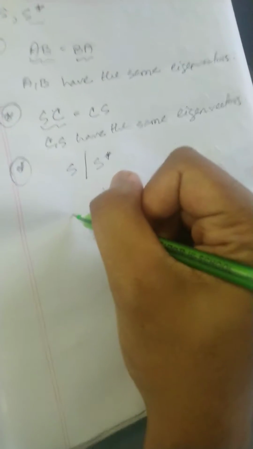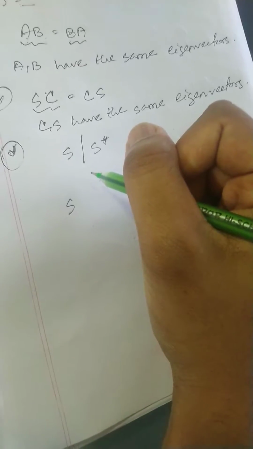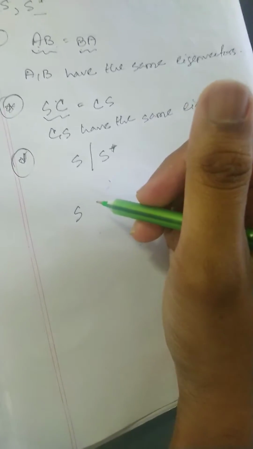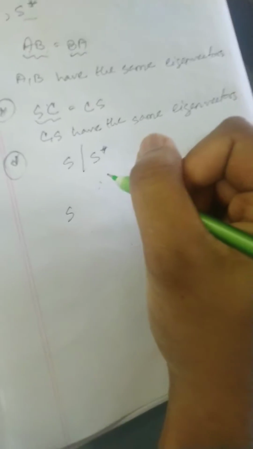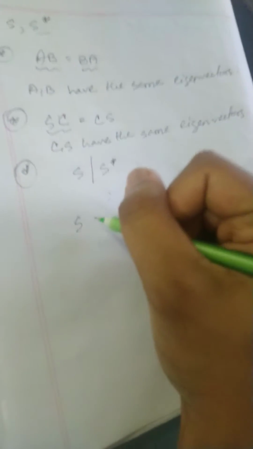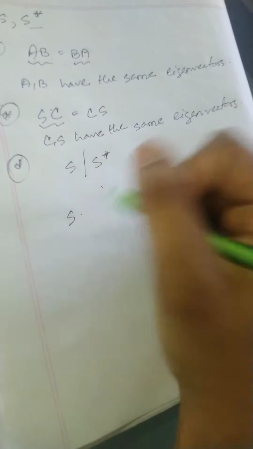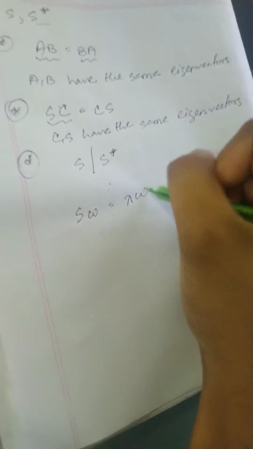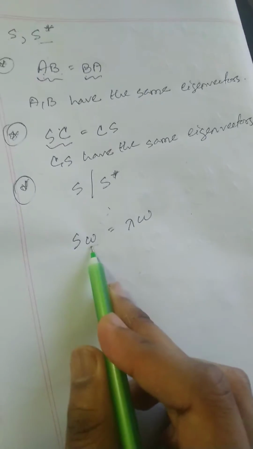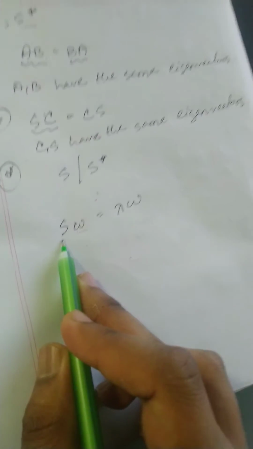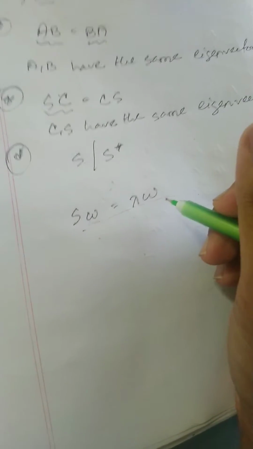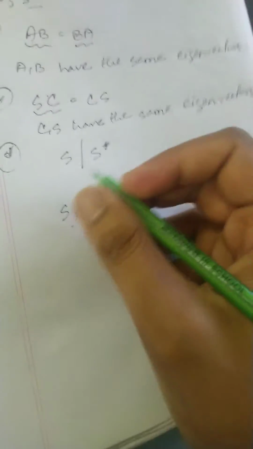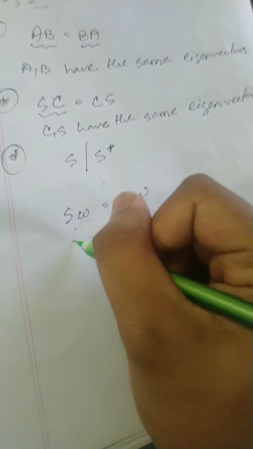Now let's say we are trying to get the eigenvalues and the eigenvectors of S. From the definition of eigenvectors and eigenvalues, we know that W will be an eigenvector of S if we can write this equation, where lambda is the eigenvalue.